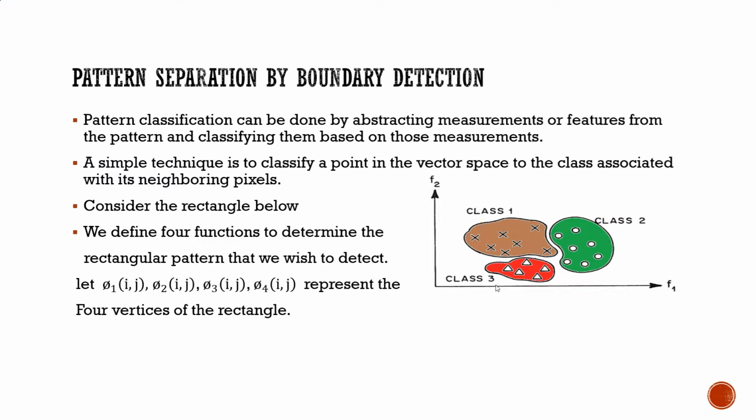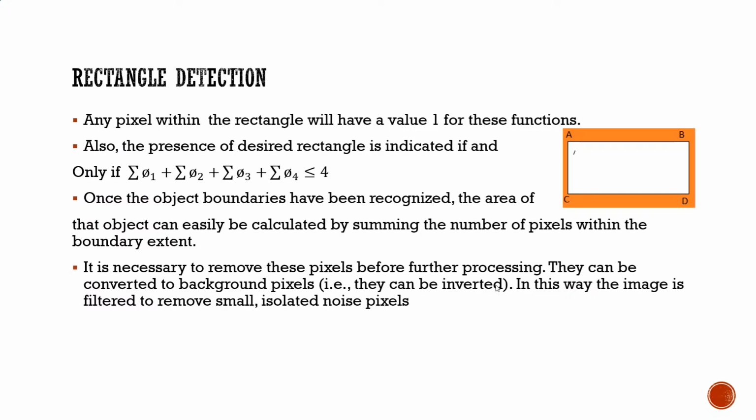Now consider a rectangle. We define 4 functions to determine the rectangular pattern that we wish to detect. Let phi1 of ij, phi2 of ij, phi3 of ij, and phi4 of ij represent the 4 vertices of the rectangle. The rectangle detection process involves checking whether any pixel belonging to this rectangle has a value of 1 for these functions.